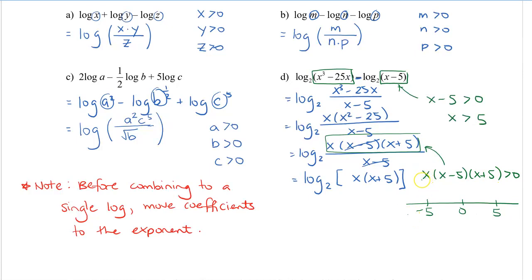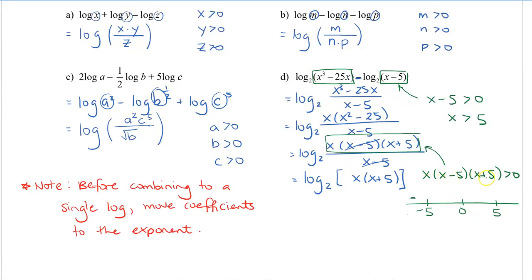So when we plug in negative 6, we notice this is negative, and this is negative. So we get 3 negatives. When multiplied together, we get a negative value. If we pick a value between negative 5 and 0, let's say negative 1, this is negative, this binomial is negative, but the second binomial is positive.